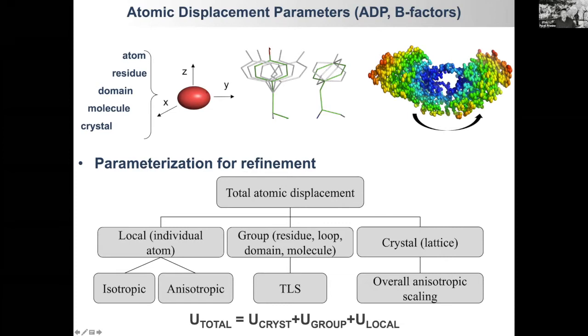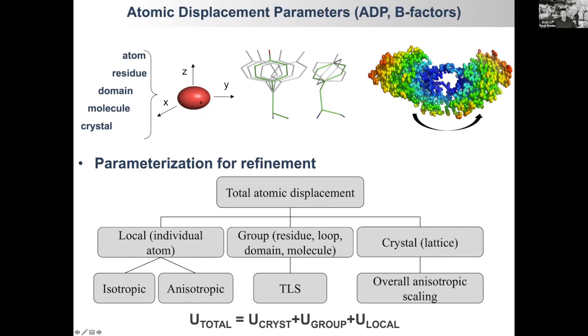But it also belongs to a whole side chain, and the whole side chain can undergo oscillations or librations around torsion angles. So you already have 2 contributions to the motion of this atom: its own vibration plus vibration as part of the whole side chain. Now, the whole side chain belongs to a domain or a chain, and the chain belongs to the whole molecule. So there's a nested contribution of motions that go into atomic B factors.